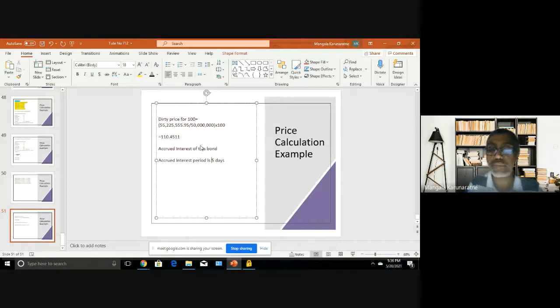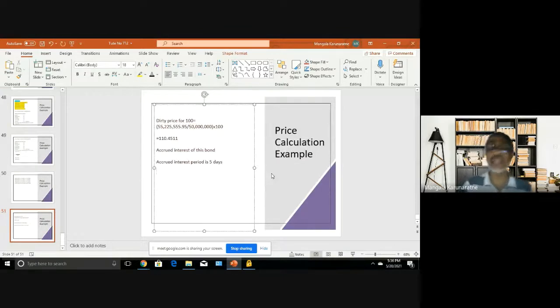So calculate for 5 days of interest. It's easy. Try everyone and let me know the answer. I'll give you 5 minutes. Otherwise, there's no point in me doing everything here, because you have to calculate and try, and if you fail, then you will know where you went wrong, right?